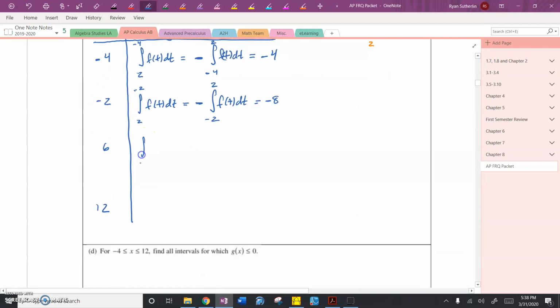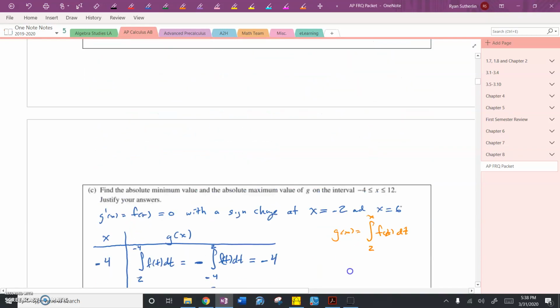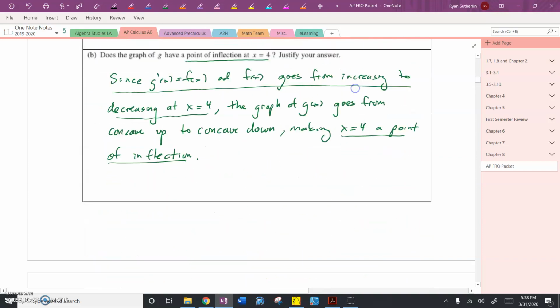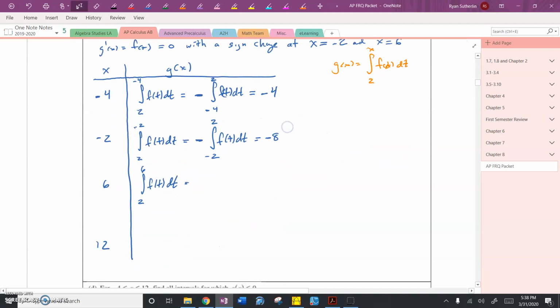For 6, we have the integral from 2 to 6 of f of t dt. And that we can look right at the graph, and we go from 2 to 6, the area is 8. And then from 2 to 12 of f of t dt, if we look back at the graph, we would find that this equals negative 4.